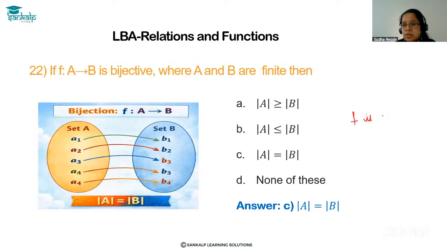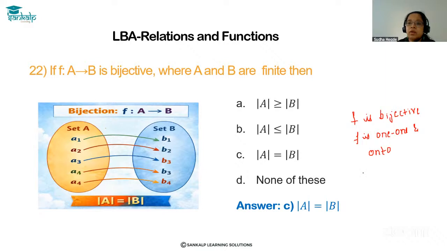Bijective means f is 1-1 and onto. Okay, f is both 1-1 and onto.